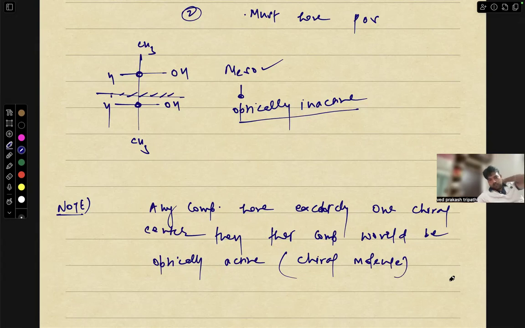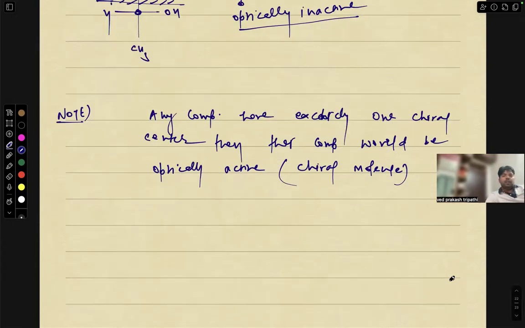Okay. So if you have just one chiral center in any compound, it means that it can never have a plane of symmetry. Okay. So we can do some of the questions and look at this one.